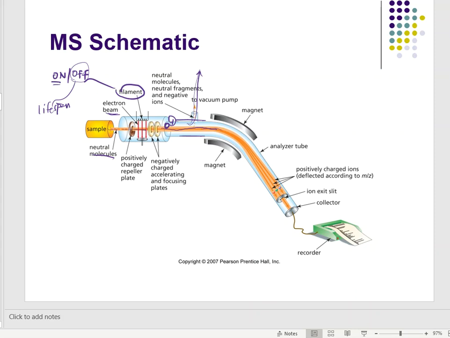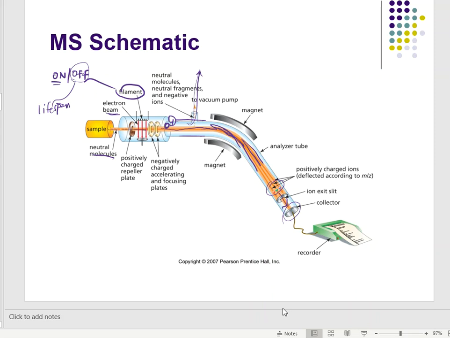My fragments come down through. They go through this curvature, and they begin to separate out into individual lanes. This is where the separation begins to take place. They come out the other end, and they hit on the collector plate that's down here at the very end.